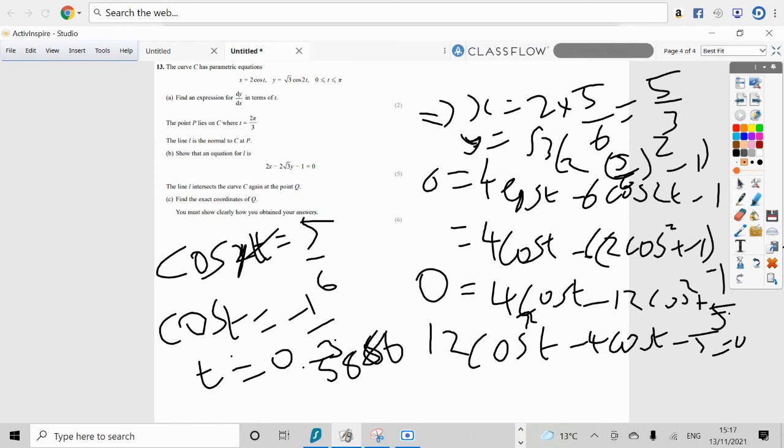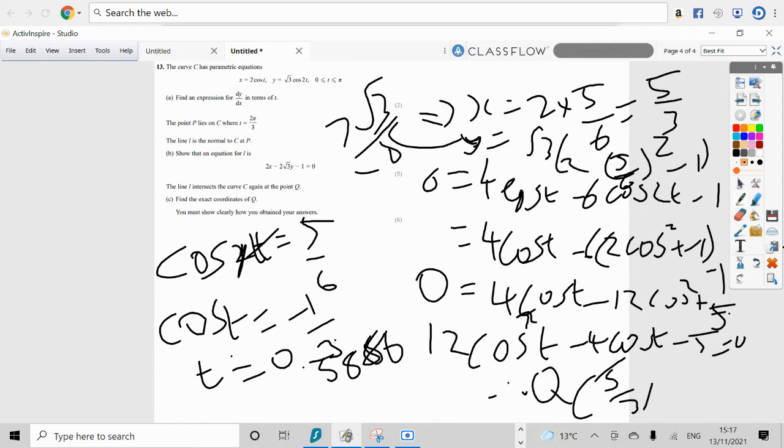Which, doing that on my other calculator, got me to 7√3/18. Okay. So therefore Q is 5/3 and 7√3/18. Okay. And that is how we can get the full marks here on question number 13.